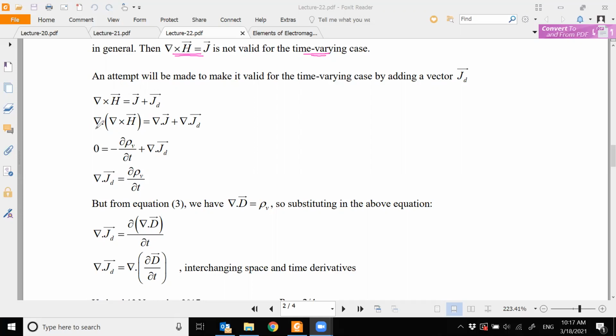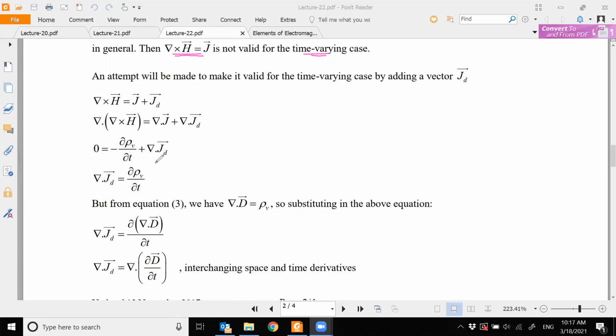Now, we make sure the contradiction is gone. Again, I take the dot product with the del operator on both sides. The left hand side becomes 0 and the right hand side becomes minus dou rho v over dou t plus del dot JD bar. And therefore, del dot JD bar is dou rho v over dou t.